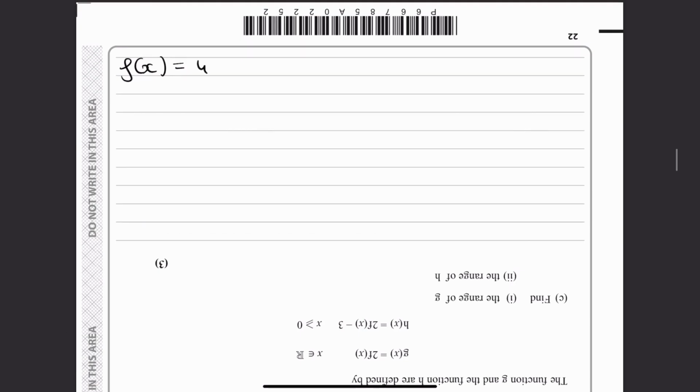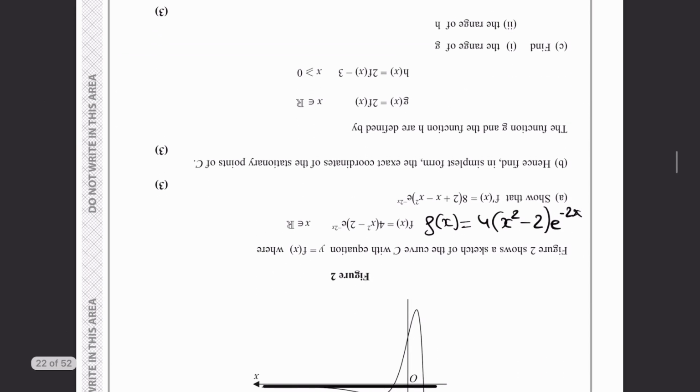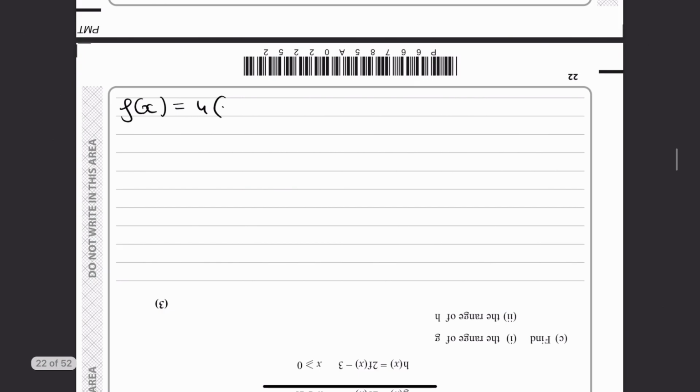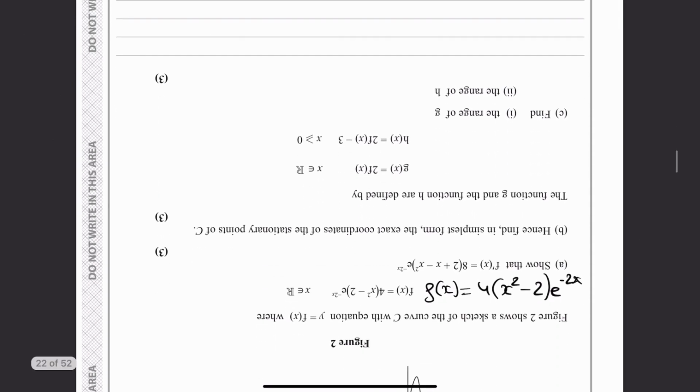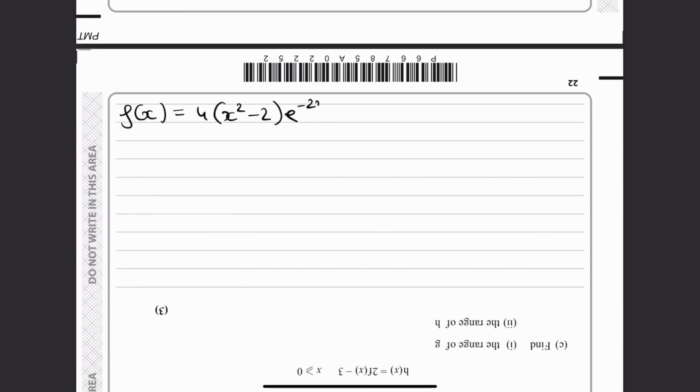So 4 times x squared minus 2 multiplied by e to the minus 2x. Let's just find the derivative of that using the product rule. So I'm just going to bring the constant multiple 4 outside.